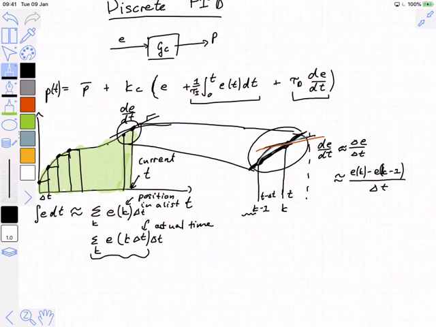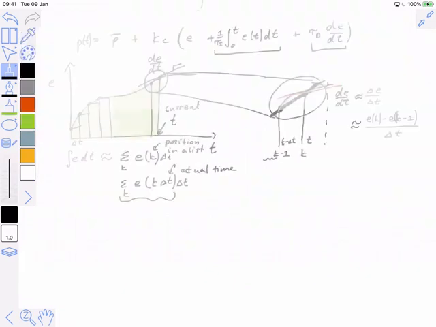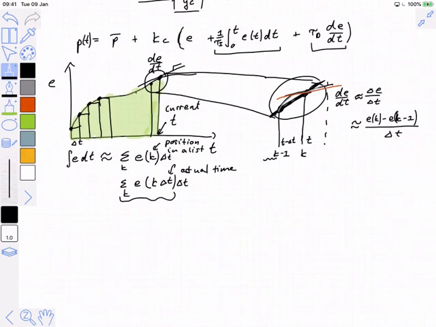Now, if you put all of that together, you end up with the approximation of the position form in the book. So you still have your P bar, you still have your Kc, you still have your E. I'm going to now indicate that as e_k, and this is now p_k. And so this assumes that you have an error at that moment in time. You still have your 1 over tau_I, but now you are going to substitute your sum.